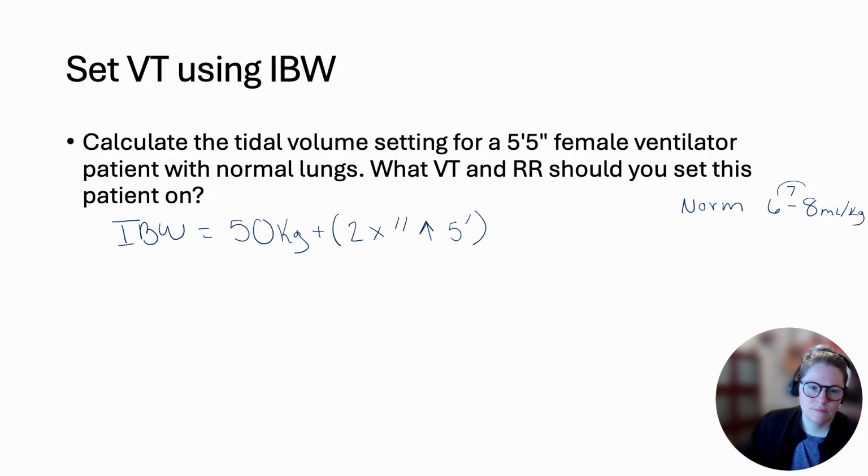I told you to remember the number 7. And then for restricted or ARDS, 4 to 6, I told you to remember the number 5. Again, milliliter per kilogram.